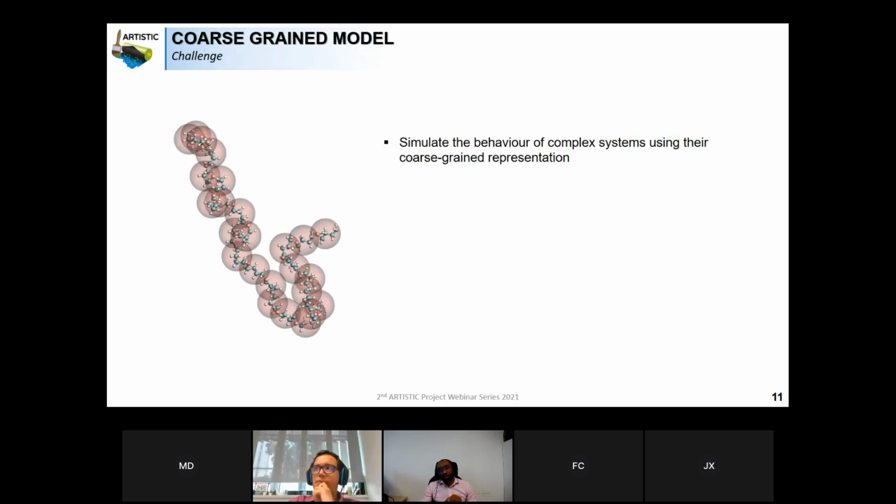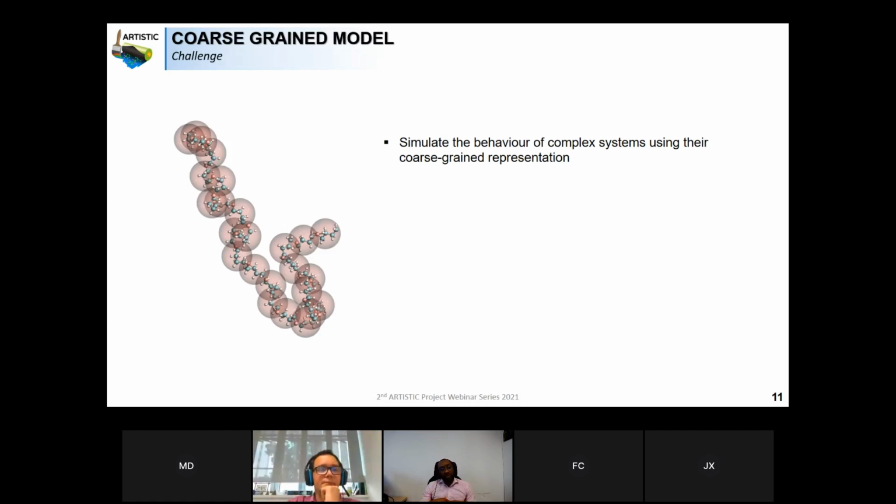Here you can see, for example, an illustration of this coarse grain. Here you can see one molecule, and we take an agglomerate, a group of atoms, and consider the group of atoms as a single particle, as you can see here.